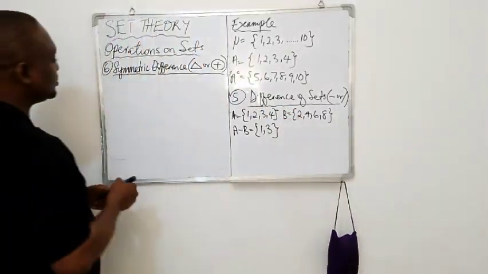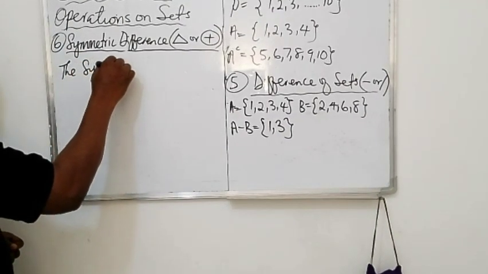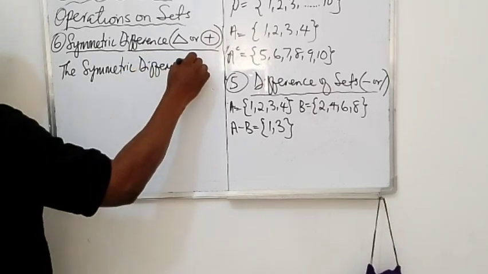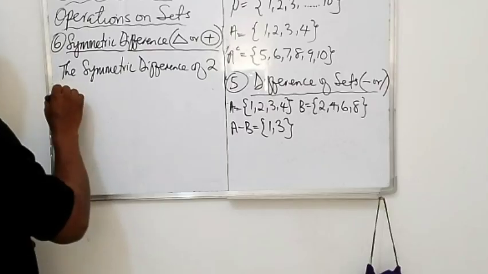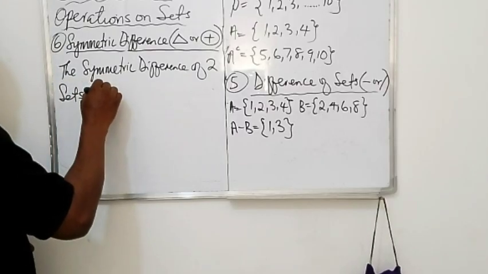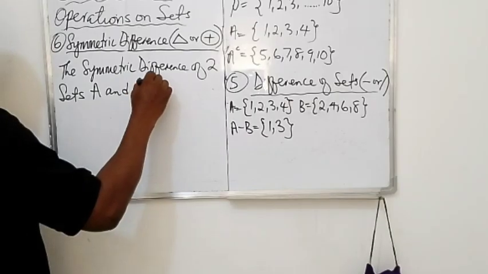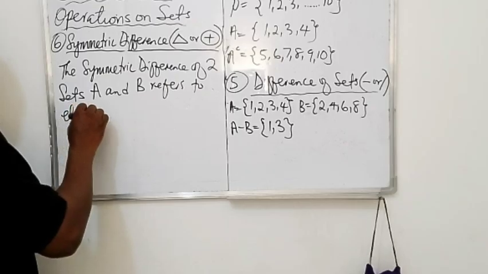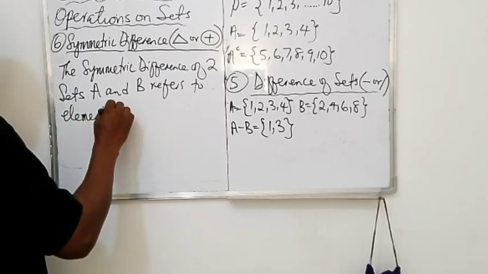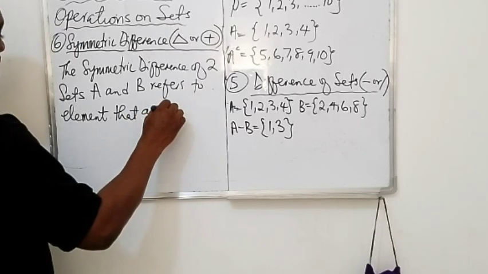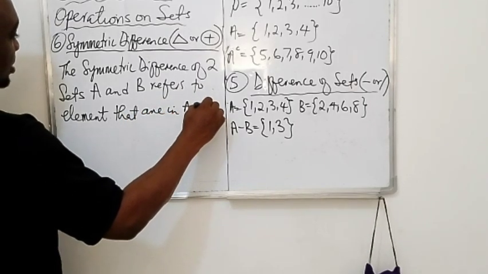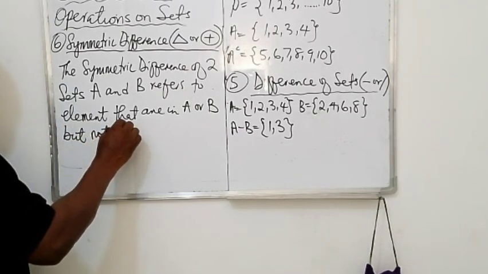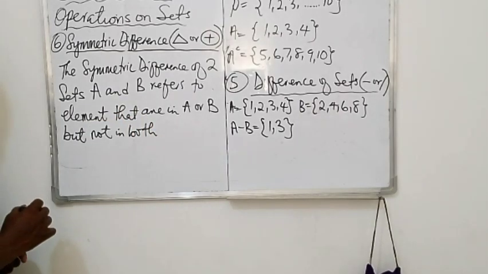So let's put that down. The symmetric difference of two sets A and B refers to elements that are in A or B but not in both of them.